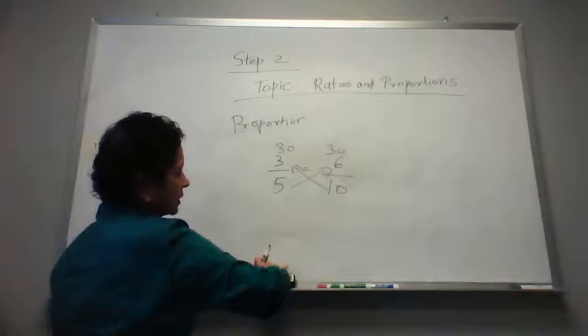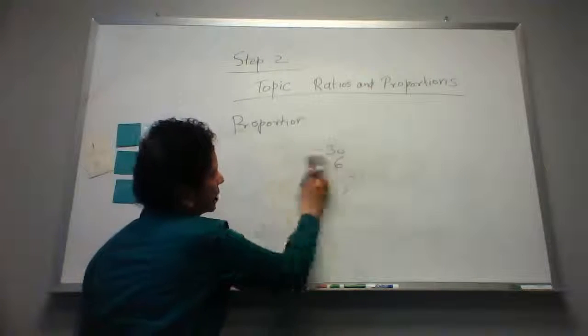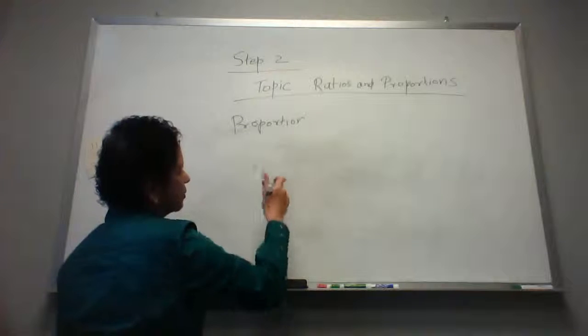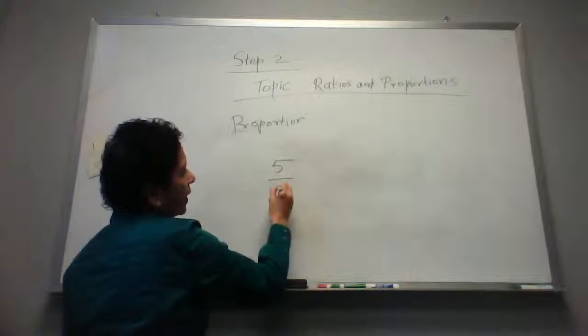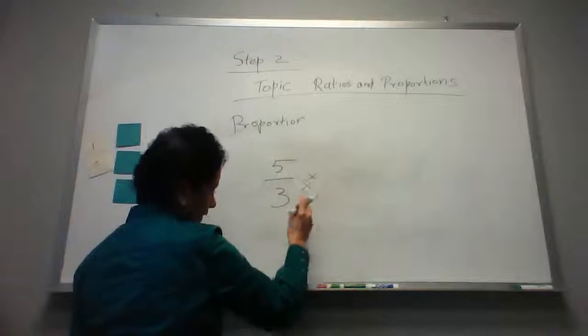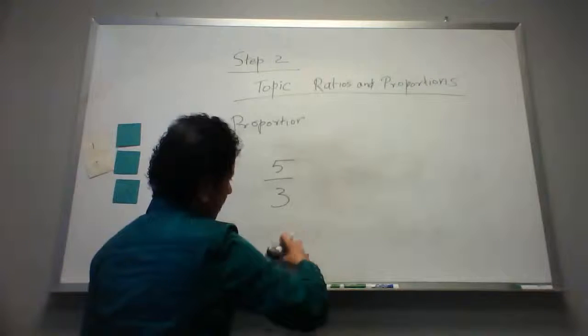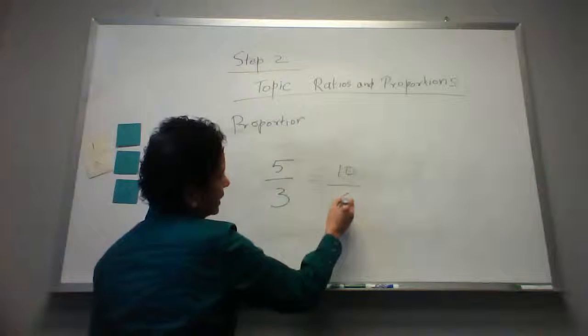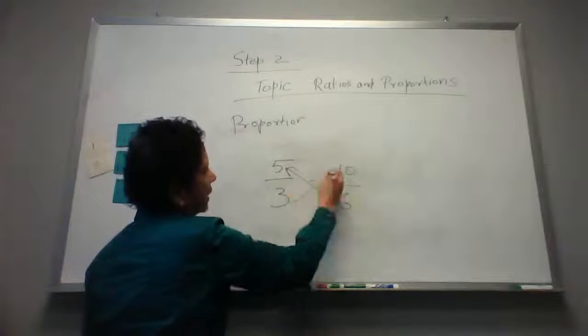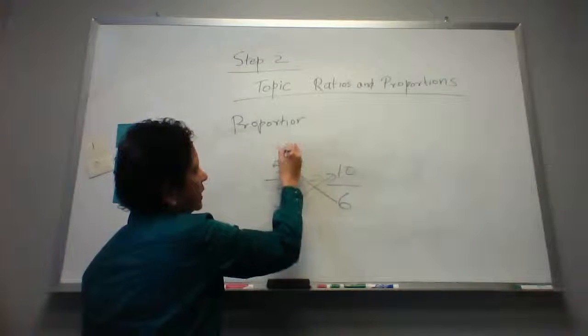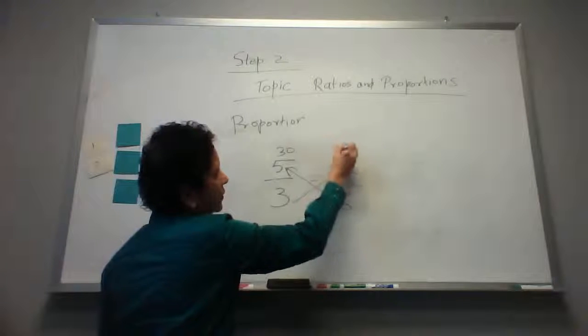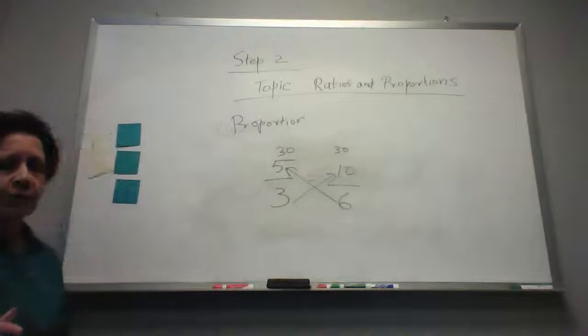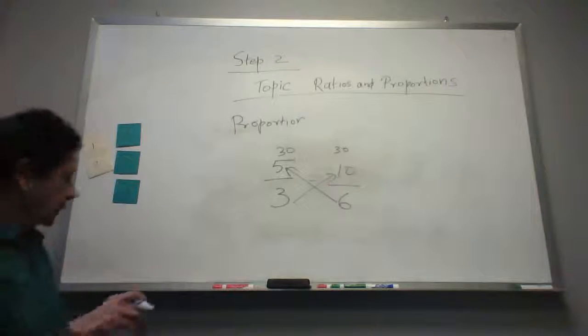And it doesn't have to be a proper fraction. I can even have an improper fraction. For example, I can have 5 over 3 equals 10 over 6, and then when I cross multiply, 5 times 6 is 30, 3 times 10 is 30. So whenever you have a proportion, when you cross multiply, they will always be equal, okay?